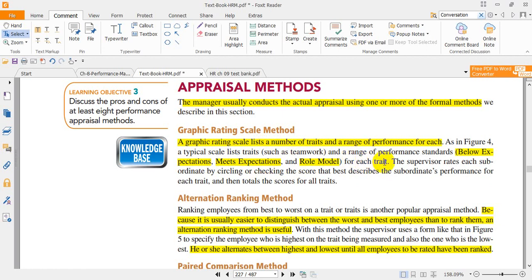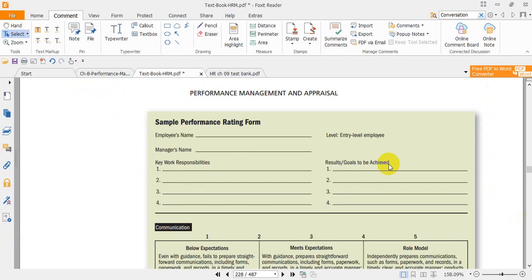For each trait, the supervisor rates each subordinate by circling or checking the score that best describes the subordinate's performance for each trait, and then totals scores for all traits. It's a scale. Let's go to figure number 4 and see the example.